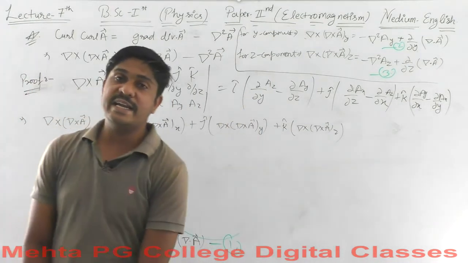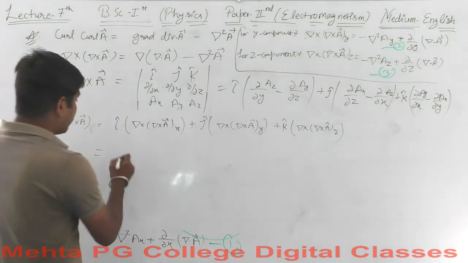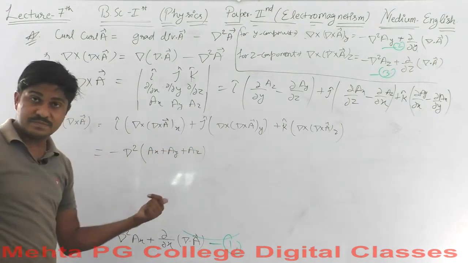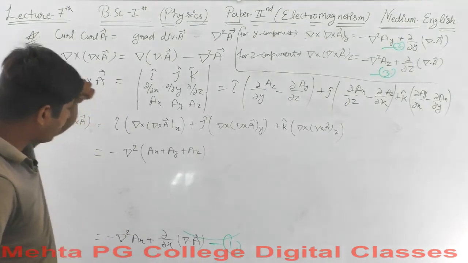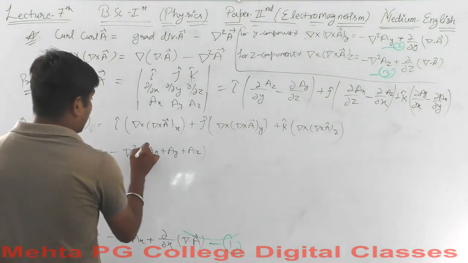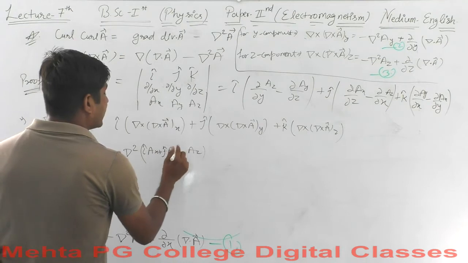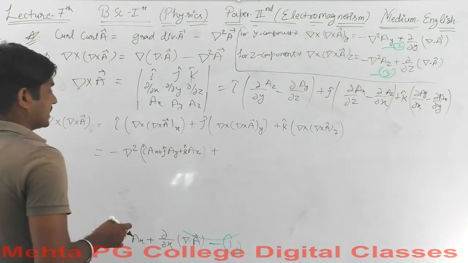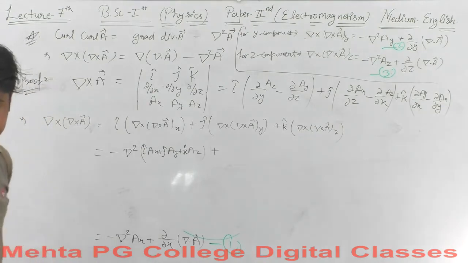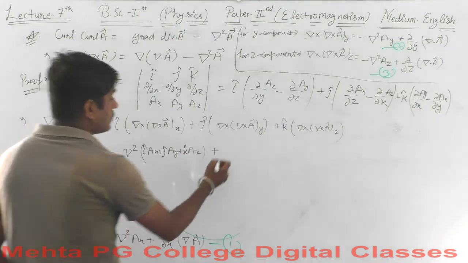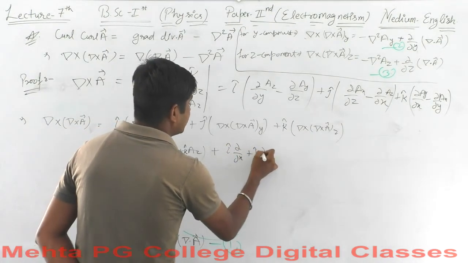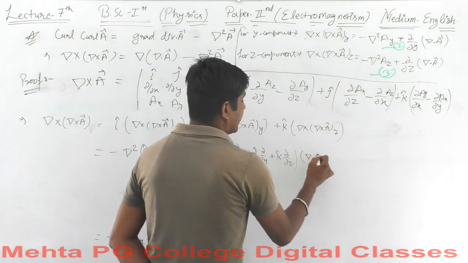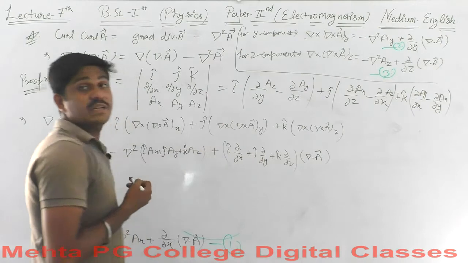When we sum up all the values, we will end up having minus del square ax plus ay plus az, having I cap, j cap and k cap components, plus I cap curly over curly x, j cap curly over curly y, k cap curly over curly z into del dot A. So what is it?